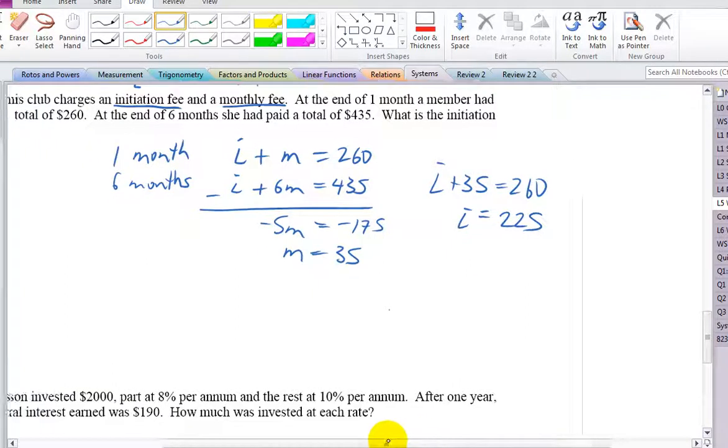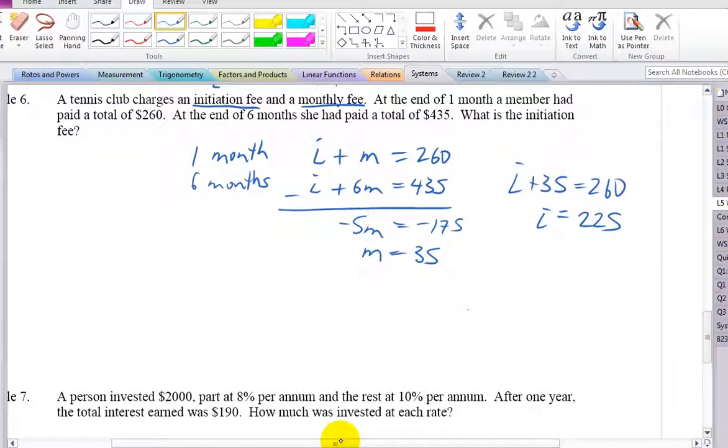Sierra, the answer is? Is you wrong? Okay. Turnji? And the monthly fee? Oh, good job. Okay. So that's why I was trying to provoke you guys a little bit. It's just asking for the initiation fee.